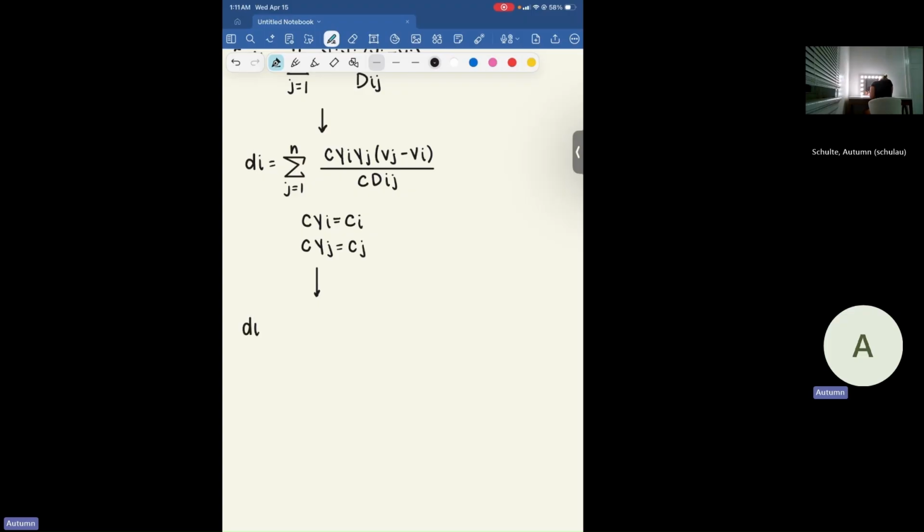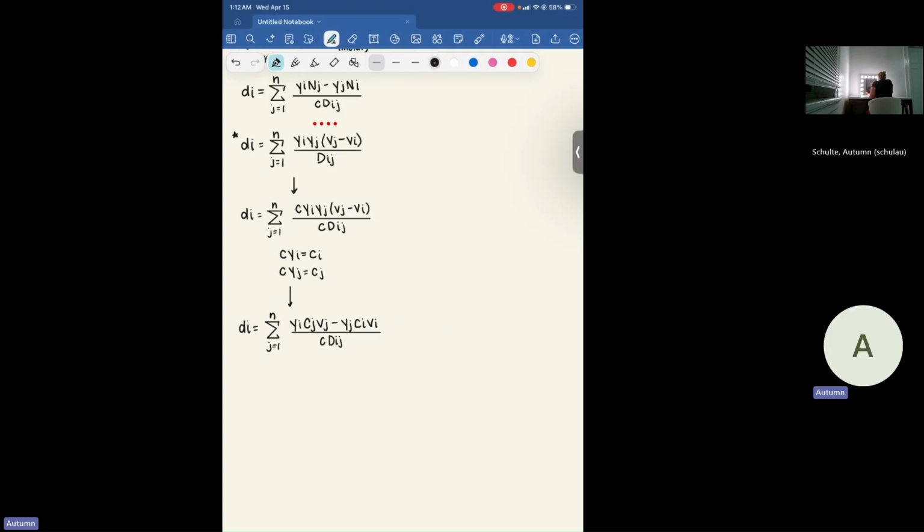So we're going to have the driving force of species I equal to the summation from J equals 1 to N of the mole fraction of component I multiplied by the concentration of component J multiplied by the velocity of component J, minus the mole fraction of component J multiplied by the concentration of component I multiplied by the velocity of component I. And this is all divided by our overall molar concentration C and our diffusive constant of components I and J.